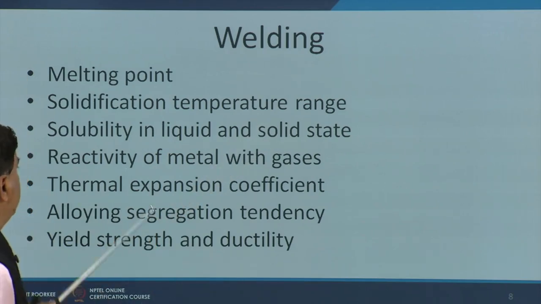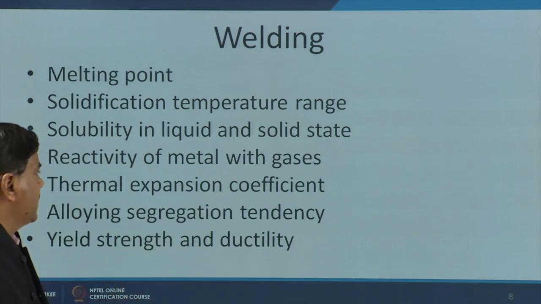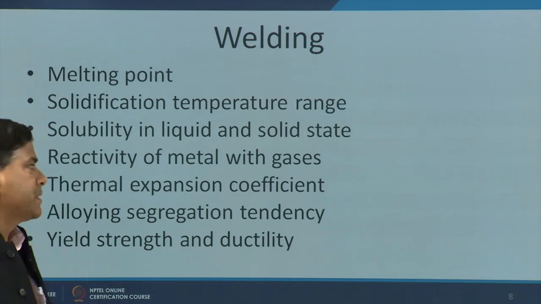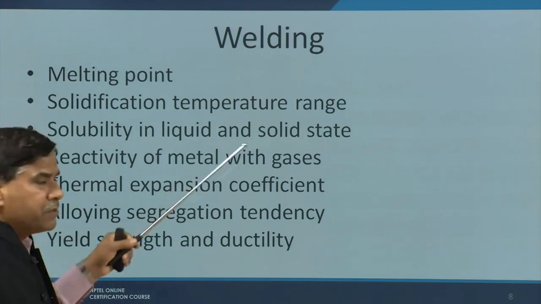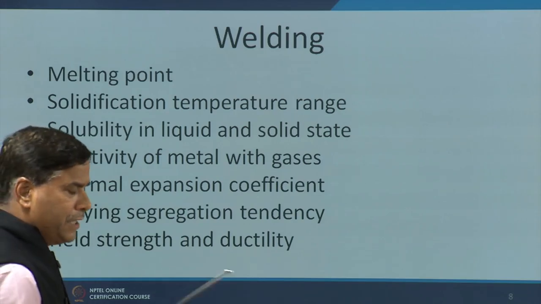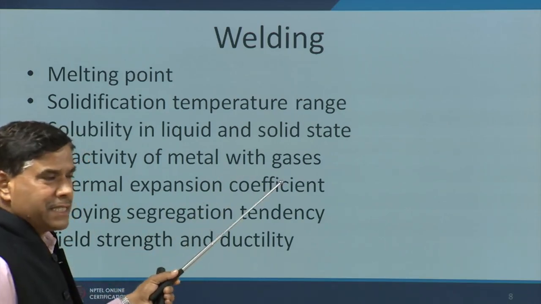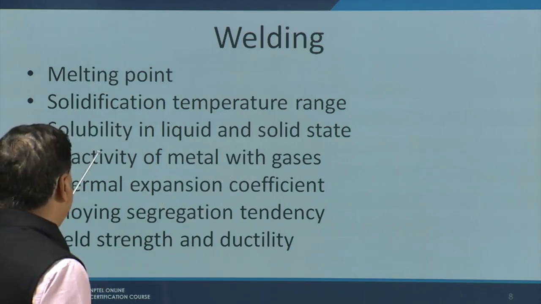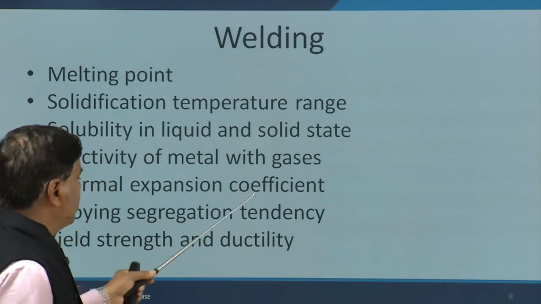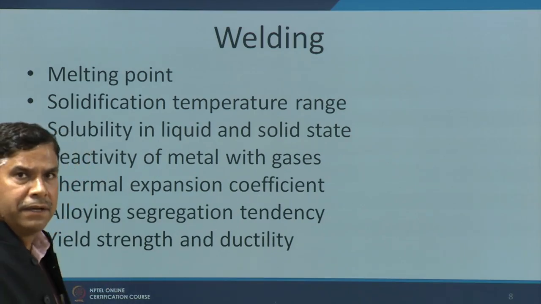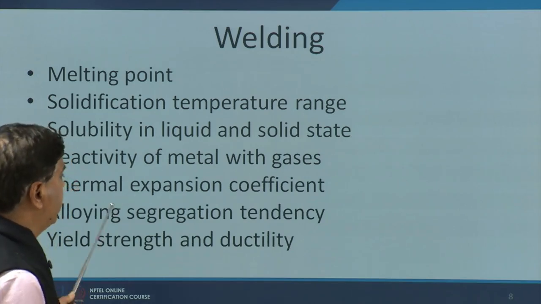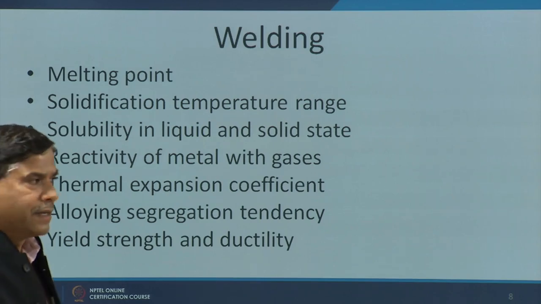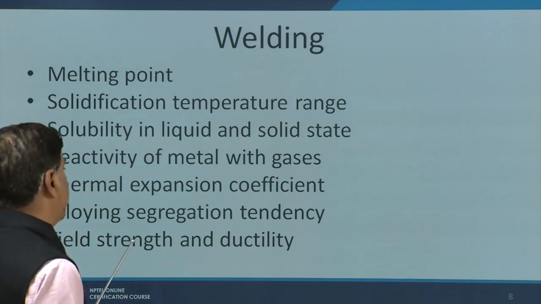porosity formation tendency. Reactivity of the metal with the gases determines the cleanliness of the weld metal, because if the metal is very reactive to the gases all around the weld zone, then it will lead to increased inclusions and impurities in the weld metal. Thermal expansion coefficient, as I have explained, greater is the thermal expansion coefficient, greater will be the problems related with residual stresses and distortion of the weld joints.